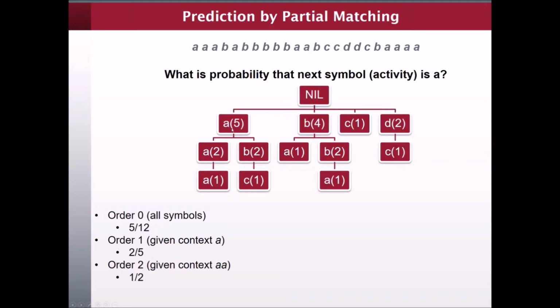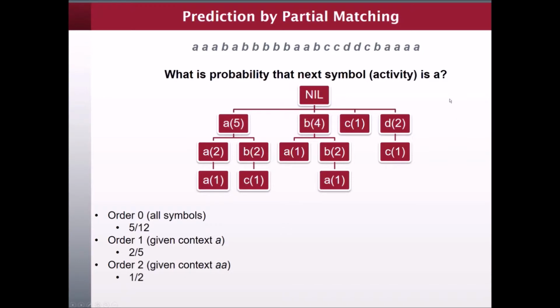In our tree, all phrases of length 2 where the previous symbol was A are indicated right in this part of the tree. We have two possibilities, AA and AB. So we have 5 total possibilities for a phrase of length 2. It could be either AA, AB, or A followed by empty string, meaning that there was no phrase of length 2, only those of length 1. So out of the 5 possibilities, 2 of them are A followed by A.